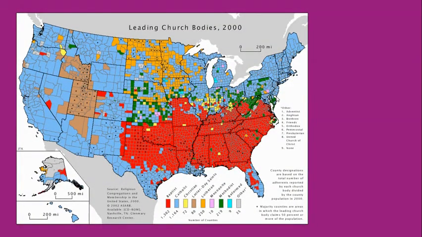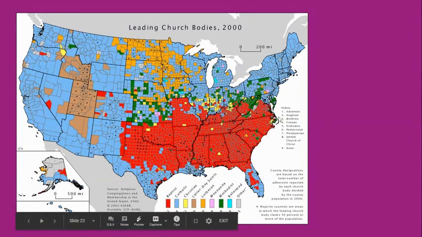And so this scale, the national scale, we can see county by county, the dominant church body. And so you can see those differences, and not just differences now within Christianity. So the Baptist South, Catholic as being the dominant religion in many parts of the country, Lutheranism up in the north.